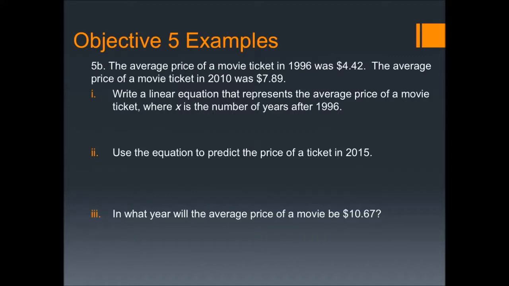Okay, second one, it's given us 2 points here for this story. Average price of a movie ticket in 1996 was $4.42. In 2010 was $7.89. First thing says to write a linear equation that represents the average price of a movie ticket, where x is the number of years after 1996.